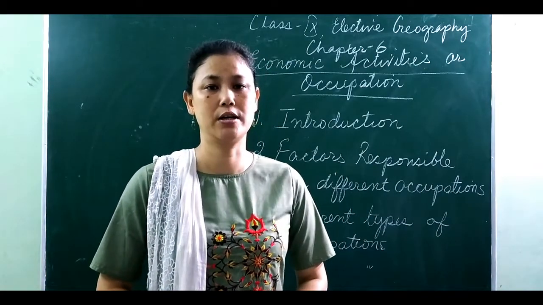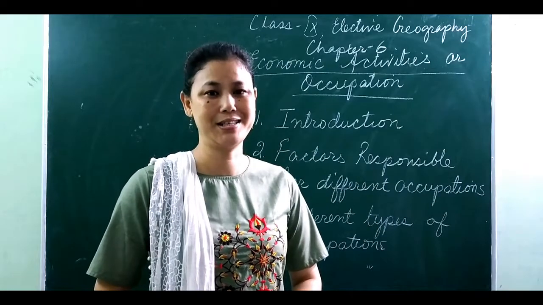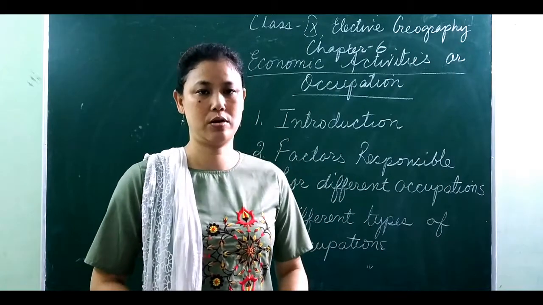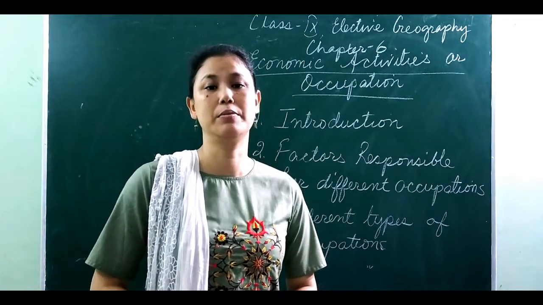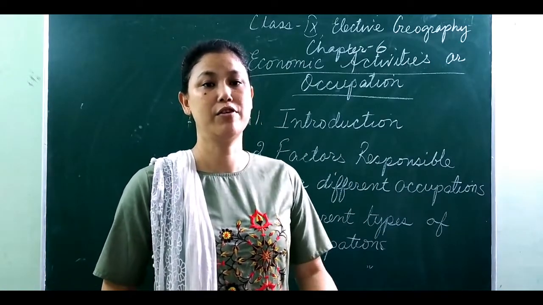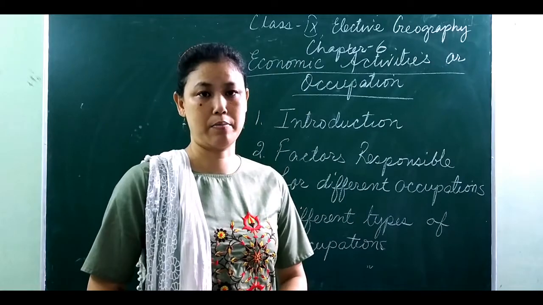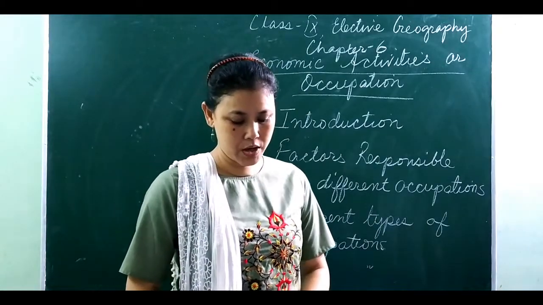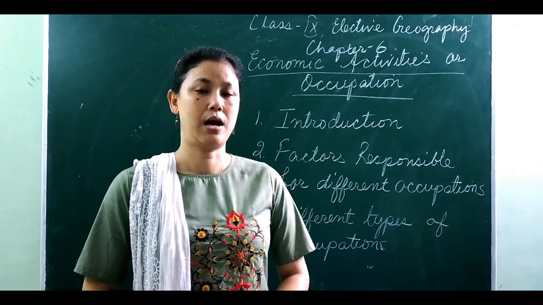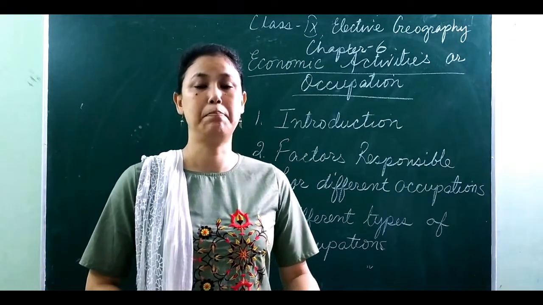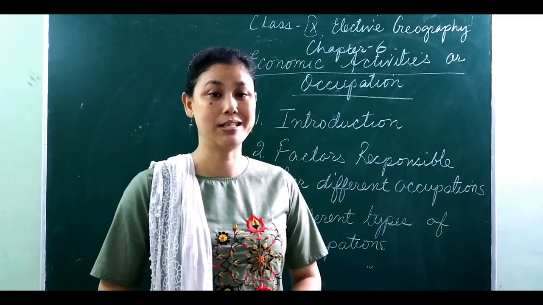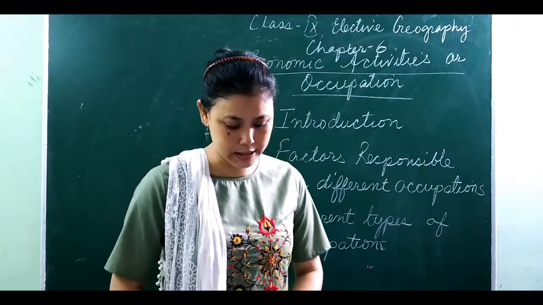As you all know, here in the northeast, jhum cultivation is practiced, and the products and the horticultural products that are available give the people of that place the avenue to earn a living by practicing that cultivation. So we can see that different types of activities are performed by people depending on the environment and also depending on the resources that are available in that place.